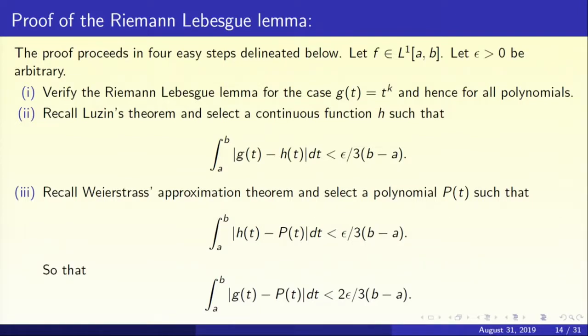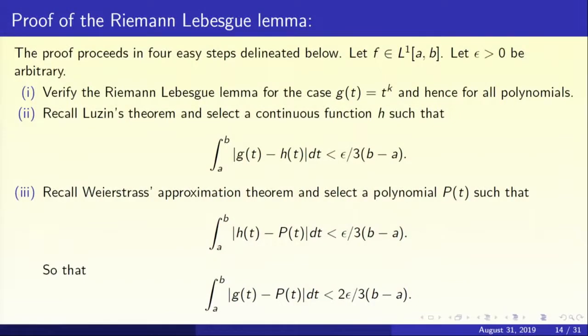The first thing to do would be to verify the Riemann Lebesgue lemma in the simple case when g(t) equals t to the power k, so for example, when g(t) equals 1, g(t) equals t, g(t) equals t squared, etc. Directly integrate from a to b g(t) sin nt dt and verify that it goes to 0. Similarly, integral from a to b g(t) cos nt dt, directly integrate and check that it goes to 0. So for the simple case when g(t) equals t to the power k, the job is done.